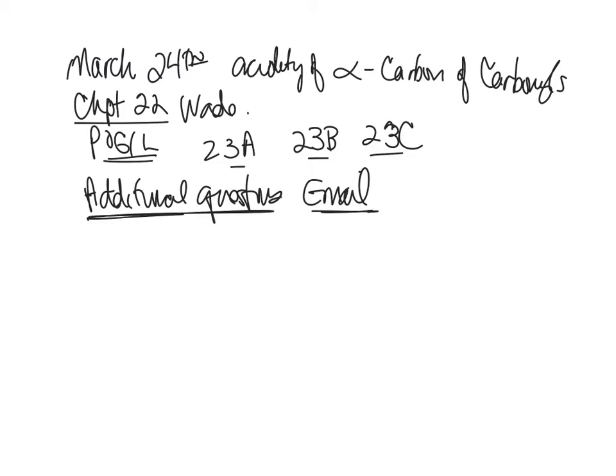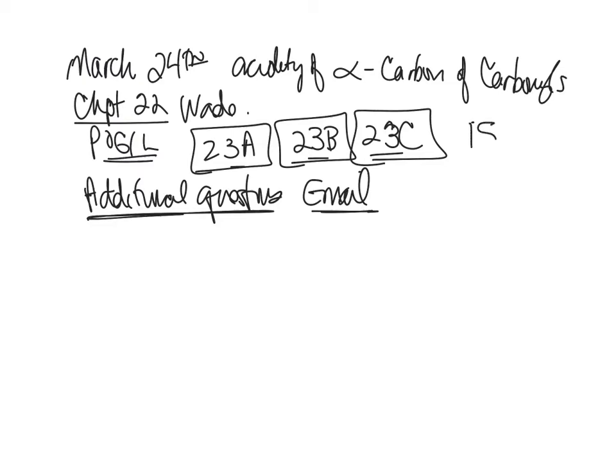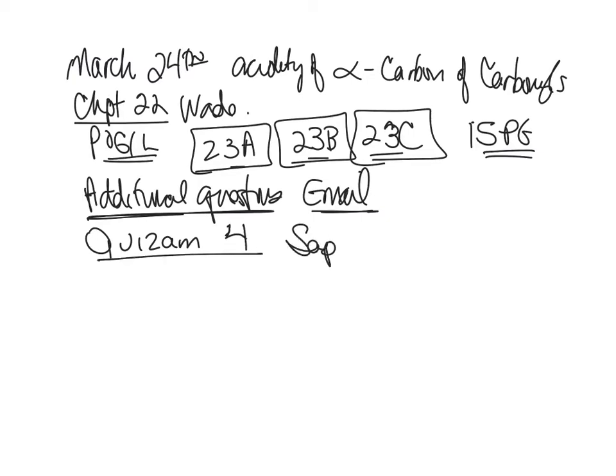Each one of the POGLs, 23A and 23B and 23C, will be 15 total POGL points. And this is going to make up your CJM score. Okay?